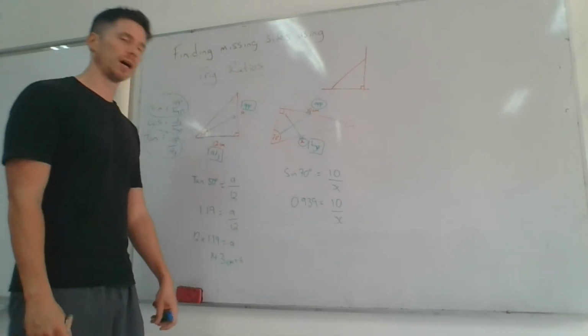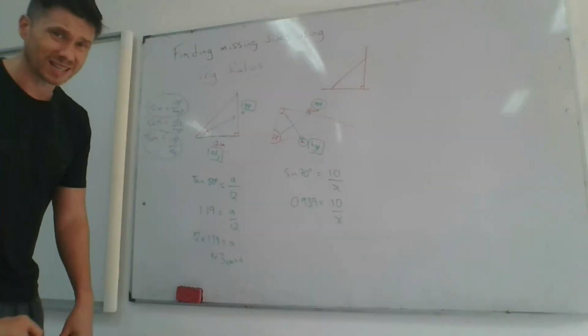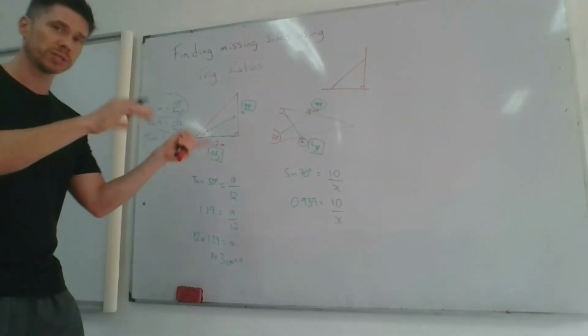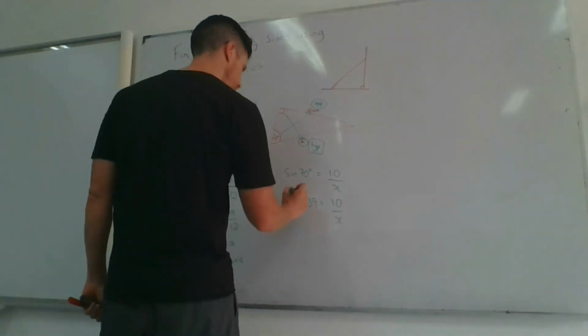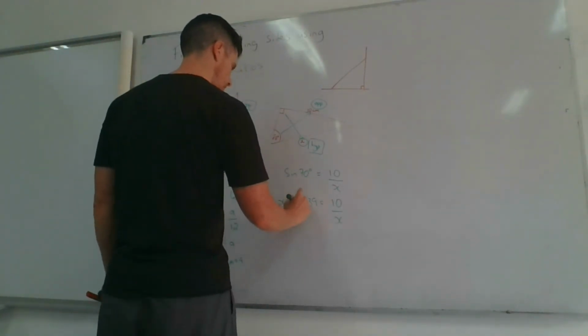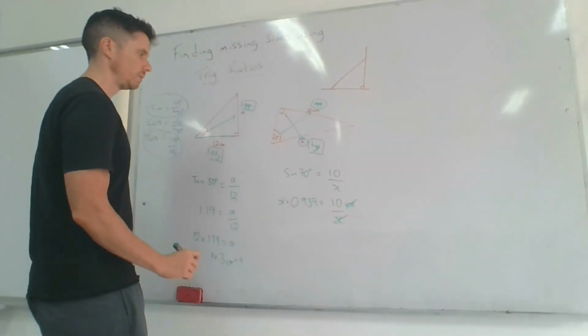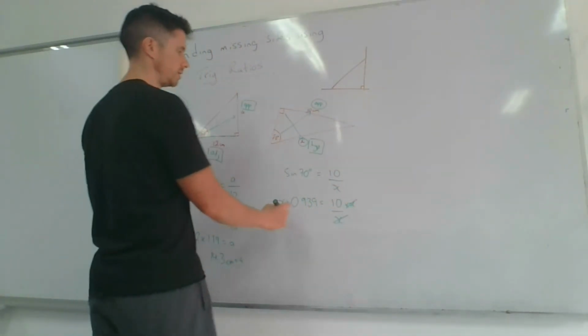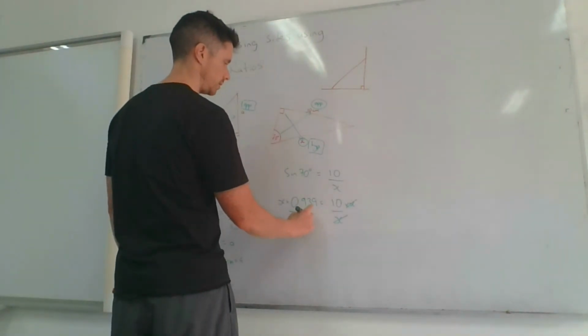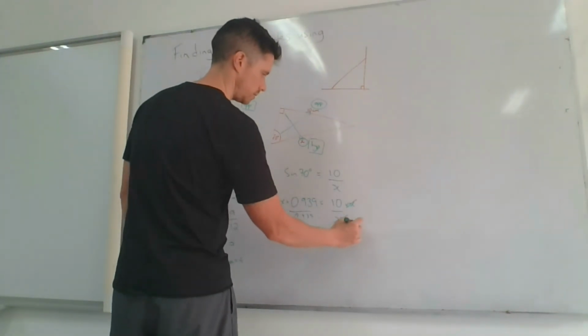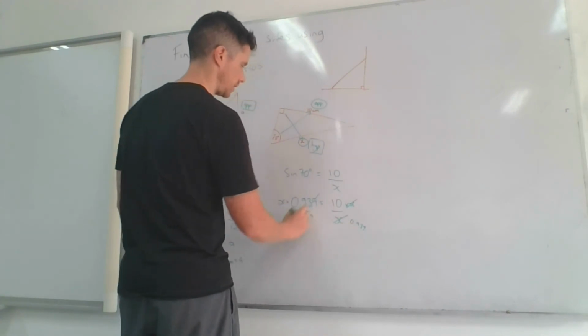So, how do I manipulate this so I know what x is? Well, if I multiply both sides by x, the x will cancel out. And now I divide both sides by 0.939, that cancels out there.